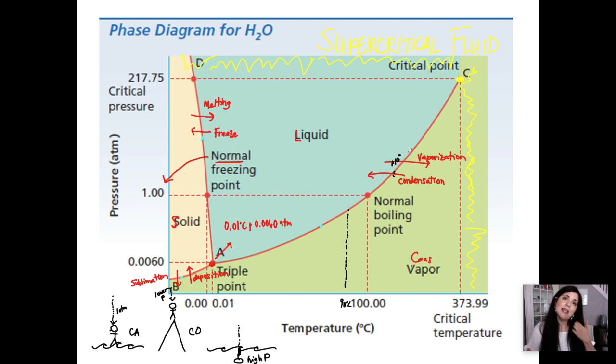And that's why we have a specific definition for the normal boiling point. We know that water boils at 100 degrees, but if we boil water in our lab, it's probably not going to be at 100 degrees because we are not at atmospheric conditions. We are not at sea level in Hawley, Pennsylvania.